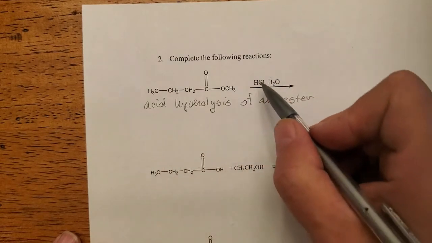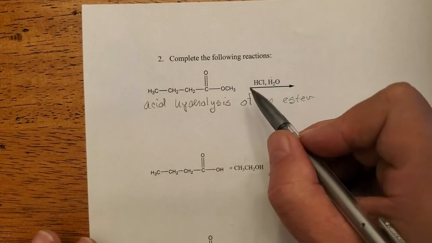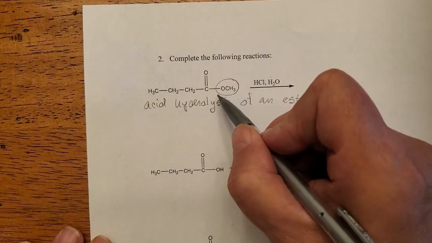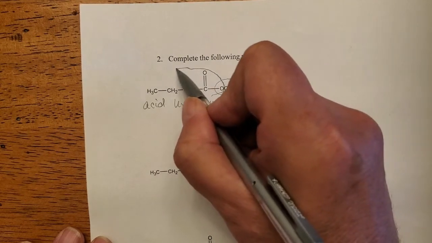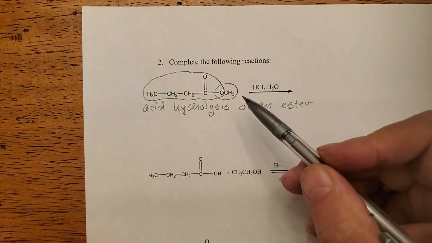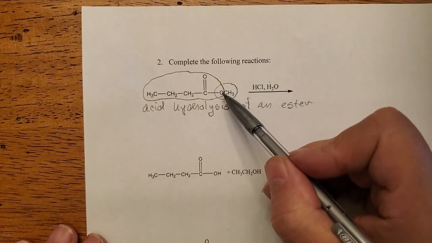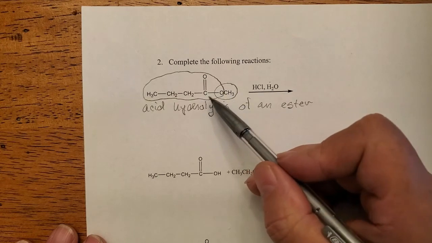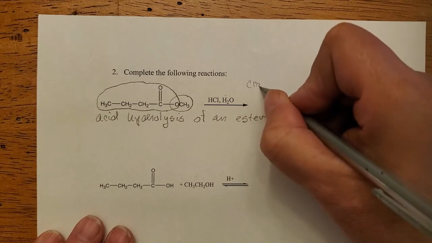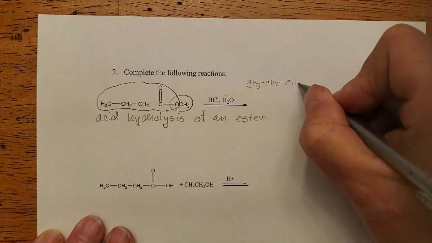It's acid hydrolysis. HCl is an acid. Water is what's used for the hydrolysis. So we're going to break this up into its alcohol component and its acid component. And since it's hydrolyzed by acid, this oxygen gets protonated on the acid side as well as the alcohol side. So this is going to look like this: CH3, CH2, CH2.